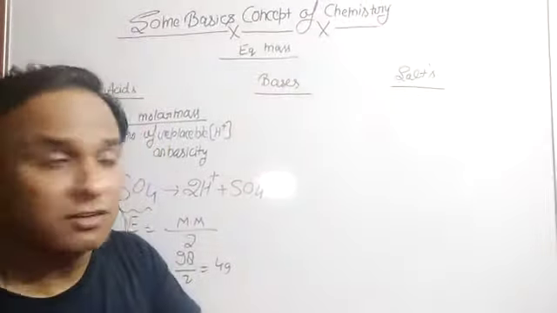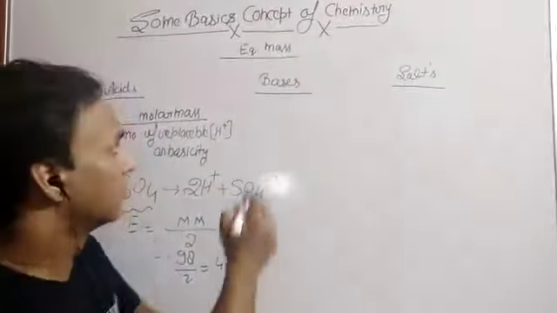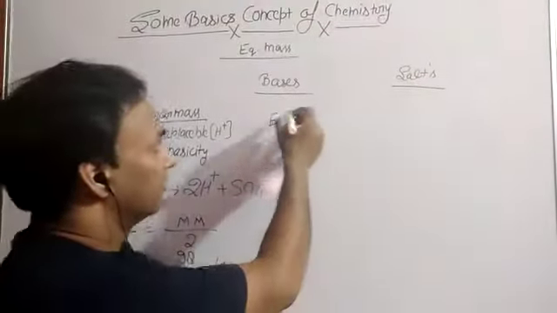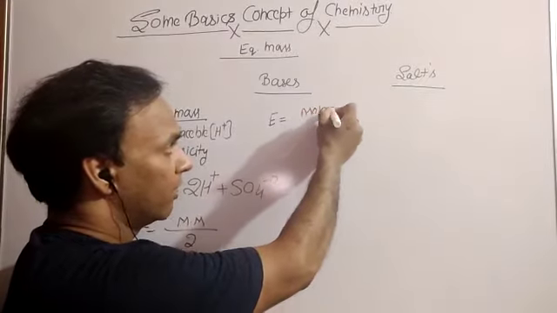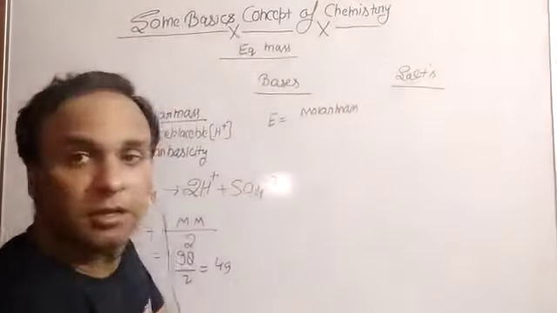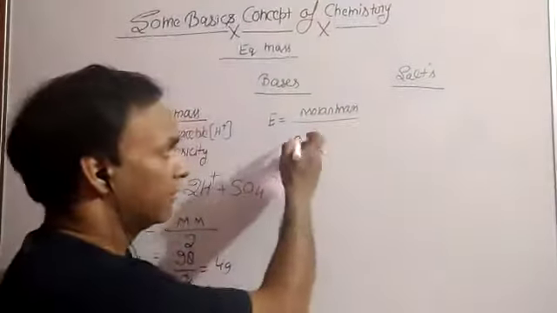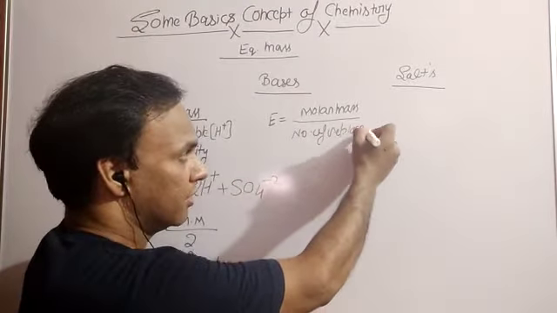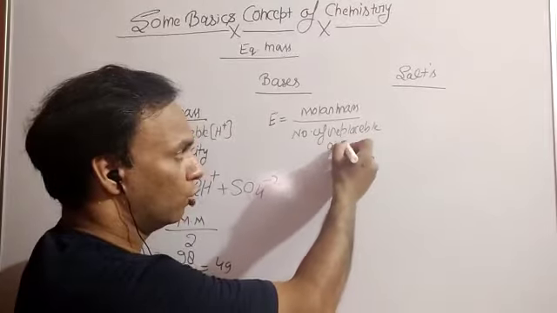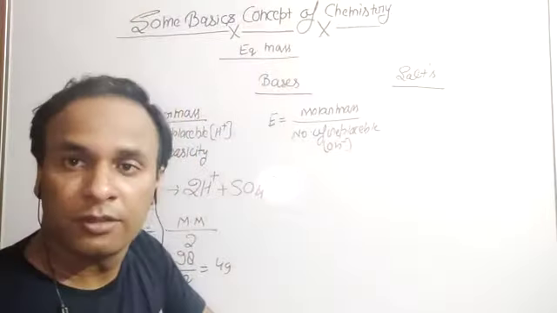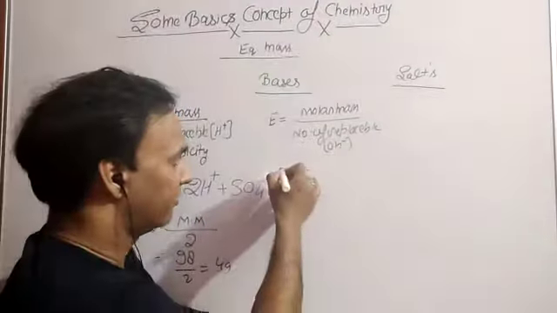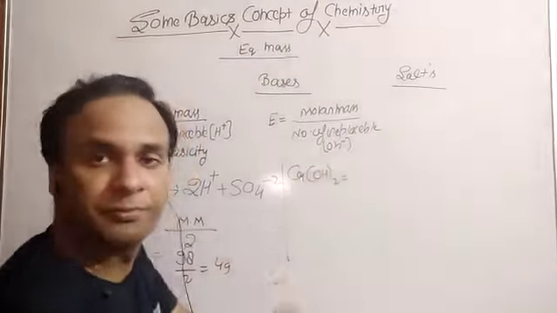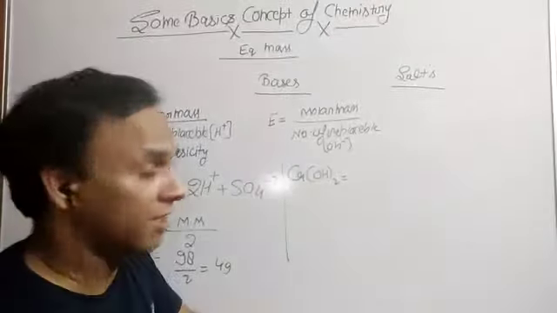In the same manner, when we talk about the base, the equivalent mass of base is molar mass upon number of replaceable OH ions. For example, calcium hydroxide.